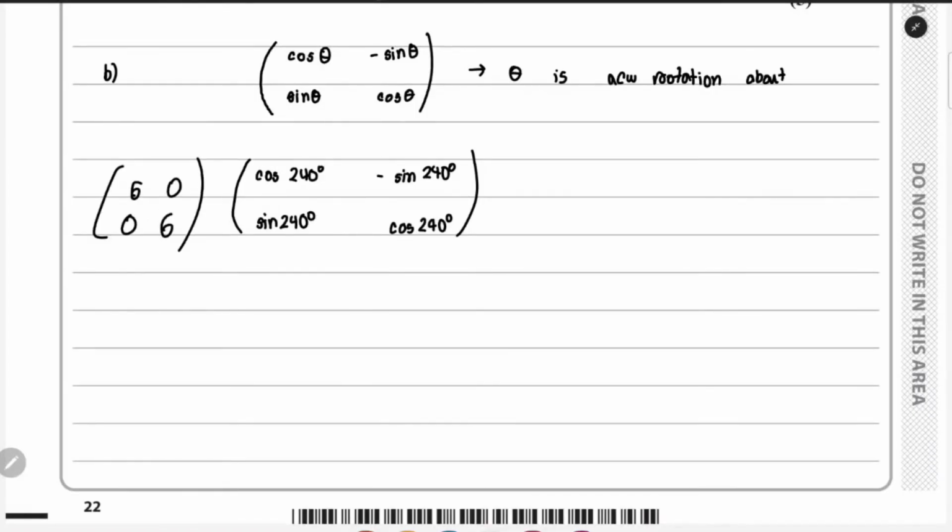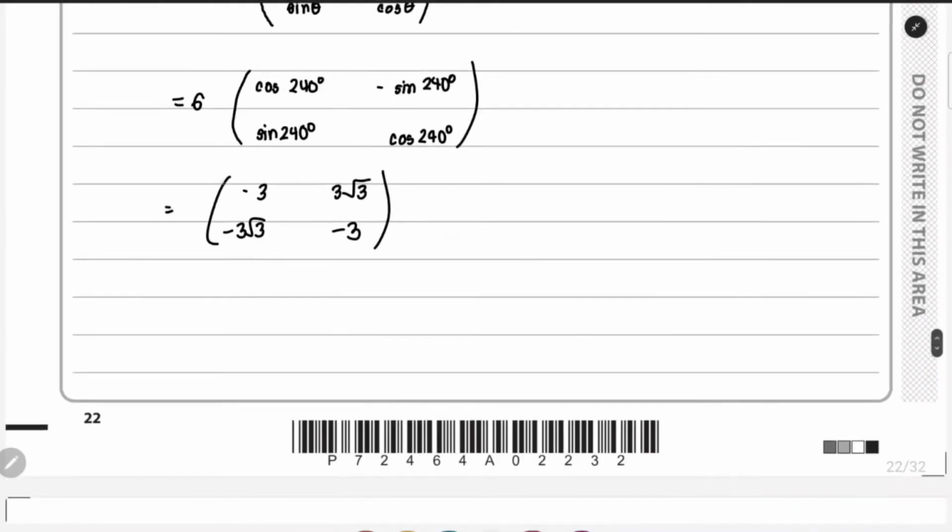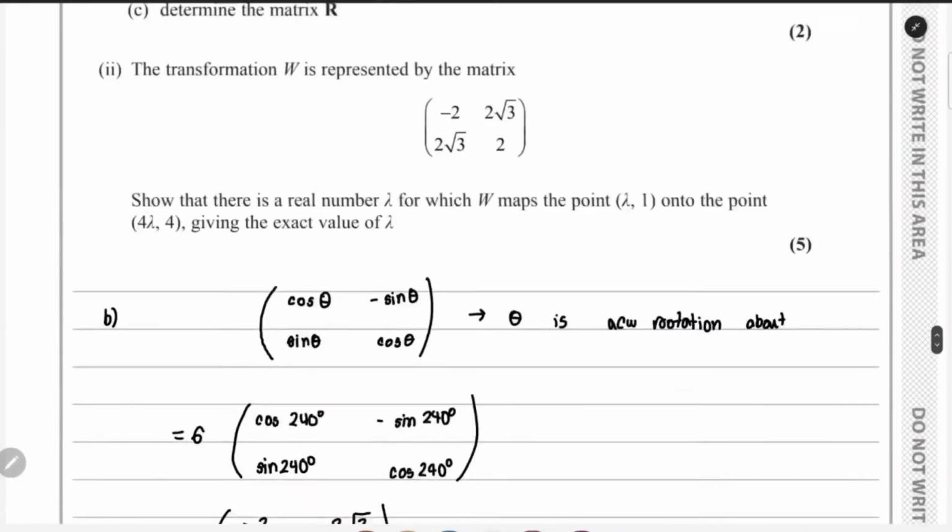This is the matrix for the enlargement with scale factor 6. We can just take a 6 over here. We'll get minus 3, 3 root 3, minus 3 root 3 and minus 3. With the 6 inside multiplied, we get this. This is the matrix Q.